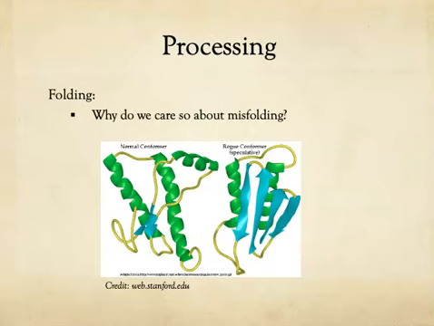And there are versions of these terrible spongiform diseases in almost all animal species. Very, very frightening example of how a misfolded protein can go on to devastate the health of an organism.